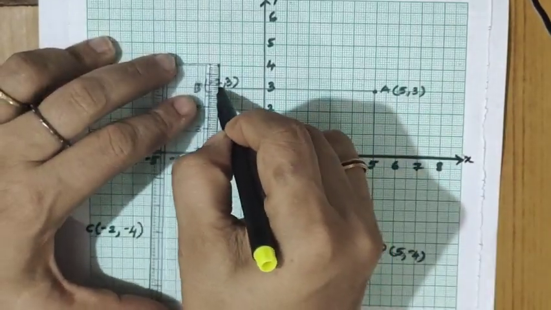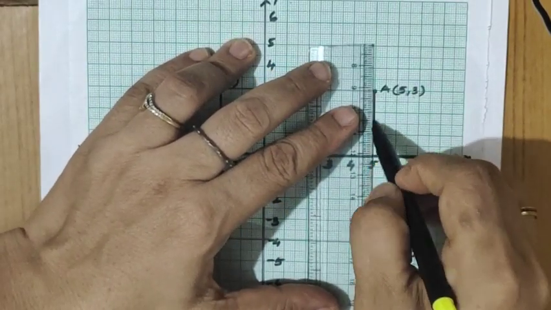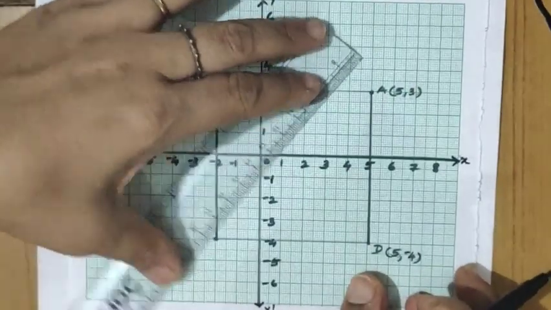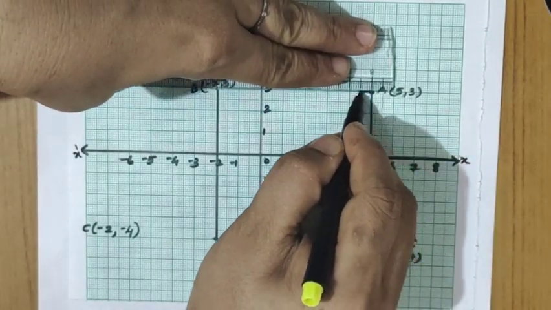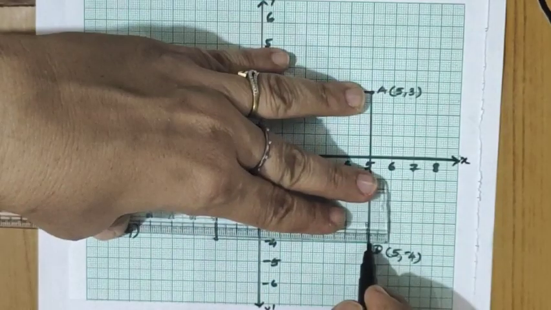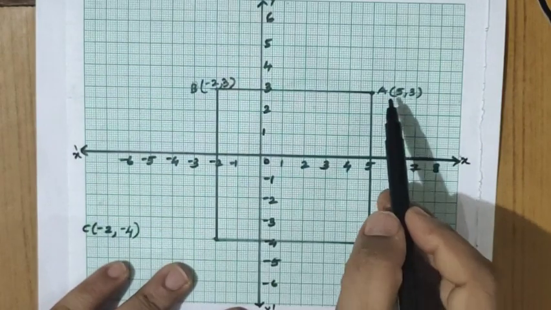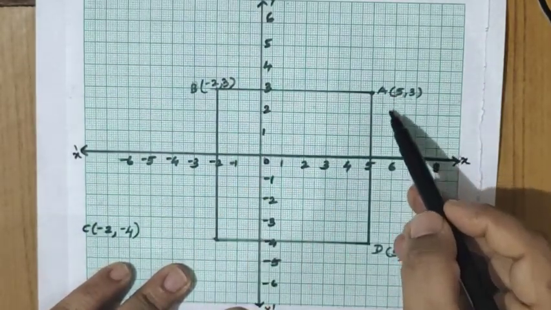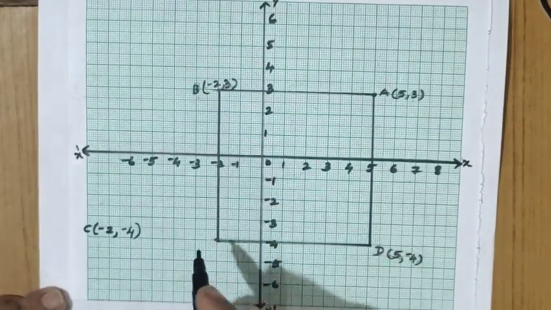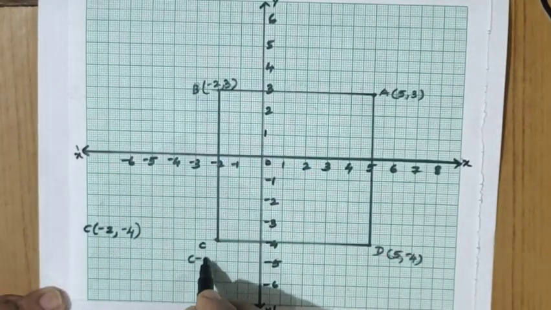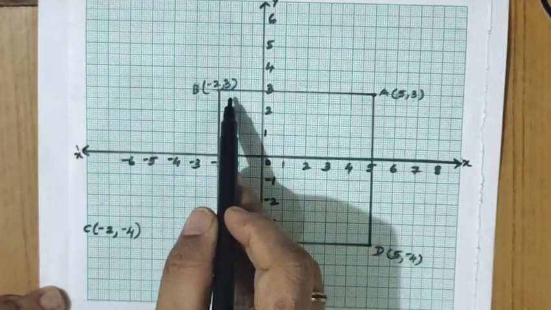So we got the idea of how to find it, right? It is a square, so not only opposite sides, all four sides are equal. A, B, D are given. For A and D, the x coordinate is the same. Similarly, B and C also have the same x coordinate. Now for AB, the y value is the same, that is 3.